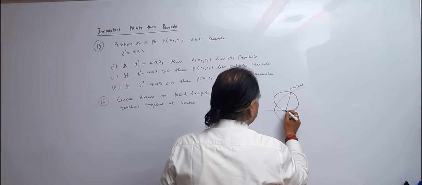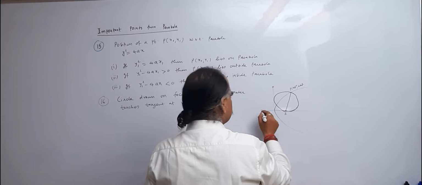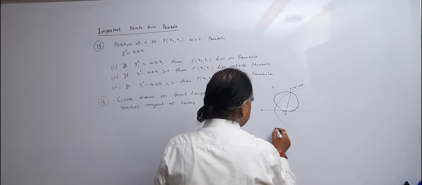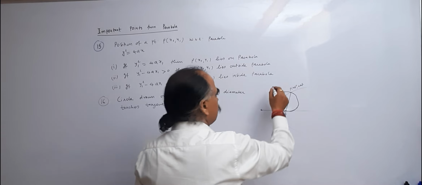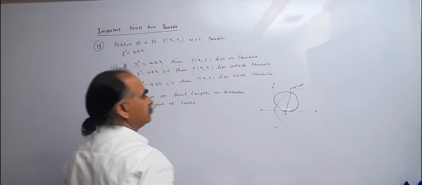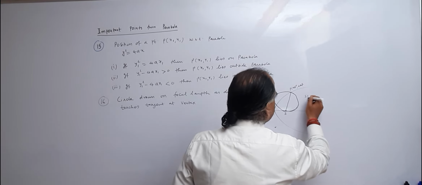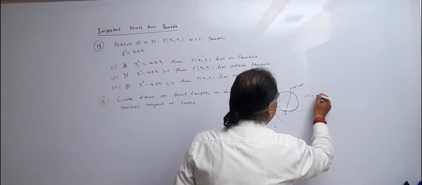And S is the focus. It touches the tangent at the vertex, that is the y-axis. SP is the diameter of the circle.